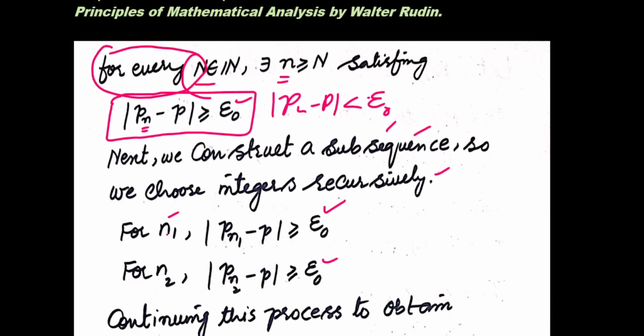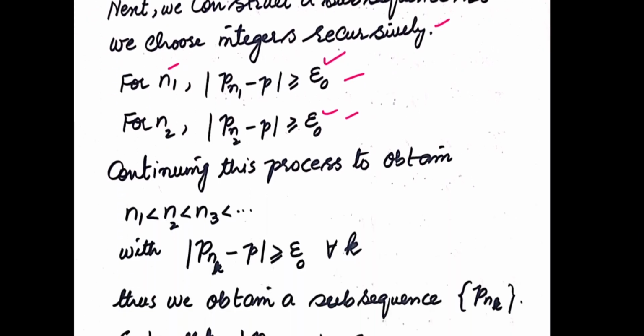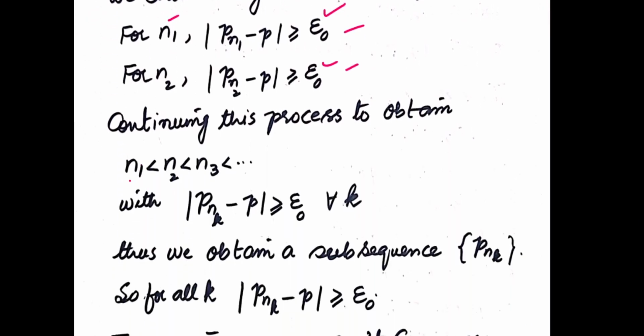So for n1 this inequality holds, for n2 this inequality holds. Continuing this process, we obtain a sequence n1 less than n2 less than n3 and so on, with |p_nk minus p| greater than or equal to epsilon naught for all k. Thus we obtain a subsequence p_nk, and for all k, |p_nk minus p| is greater than or equal to epsilon naught.